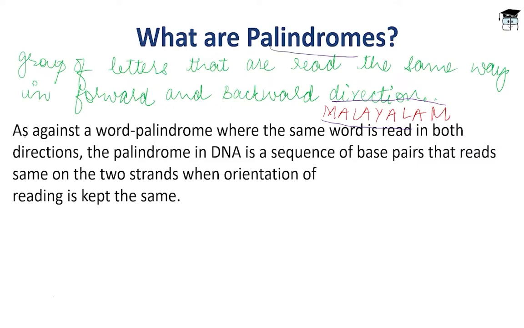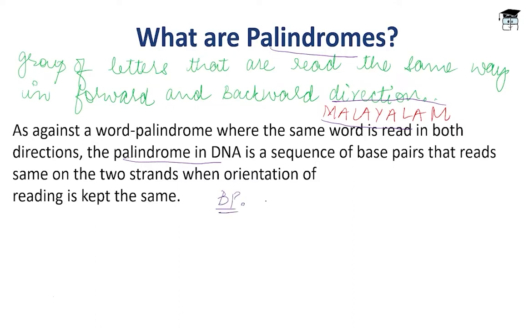Now, as against a word palindrome where the same word is read in both directions, the palindrome in a DNA sequence is a sequence of base pairs that reads the same on the two strands when the orientation of the reading is kept the same. So in DNA sequences, a palindrome is a sequence of base pairs.